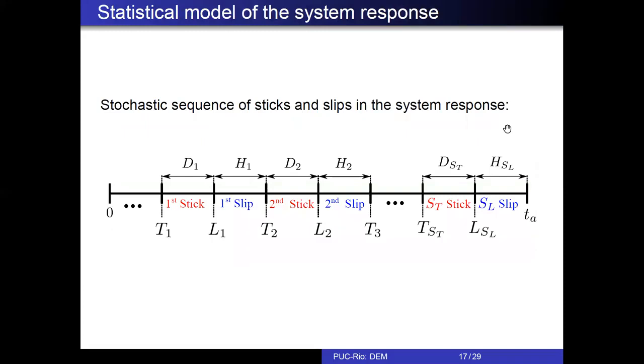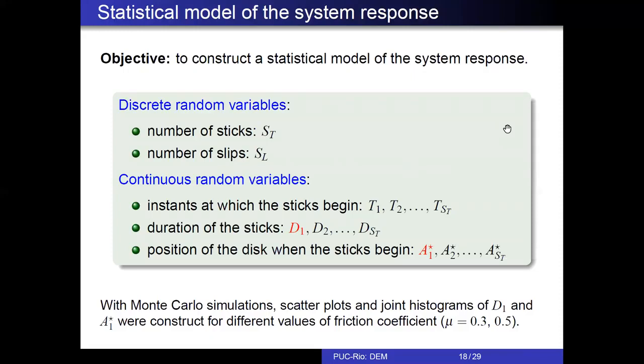Due to the uncertainties, the system response becomes stochastic and will have a stochastic sequence of sticks and slip modes. In this sequence, we model as discrete random variables the number of sticks and the number of slips. We model as continuous random variables the instant at which the stick begins, the duration of the sticks, and the position of the disk when the stick begins.